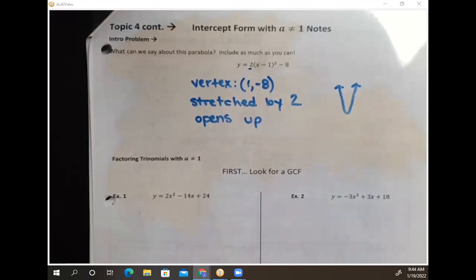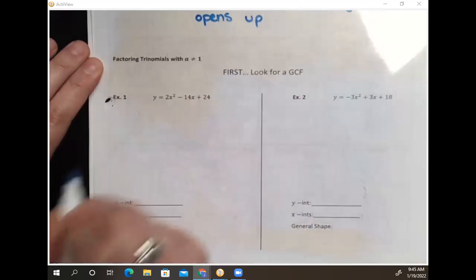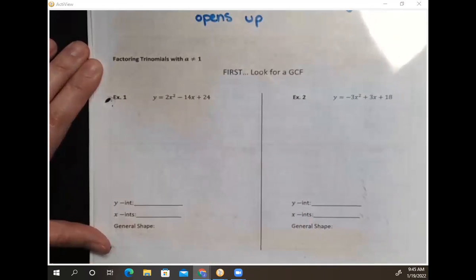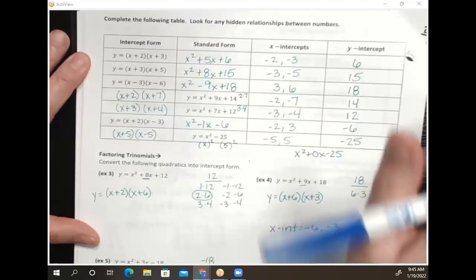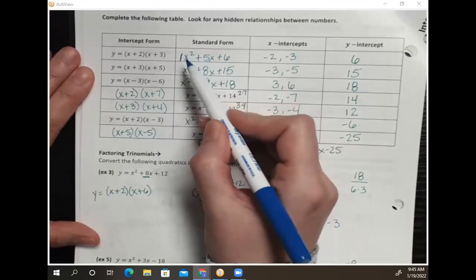Now, we've talked so far about standard form, vertex form, and factored or intercept form. What I want to look at today is how we can put something that has a number in front of x squared into factored form. Everything that we've looked at so far to change into factored form has had a leading coefficient of 1, right?